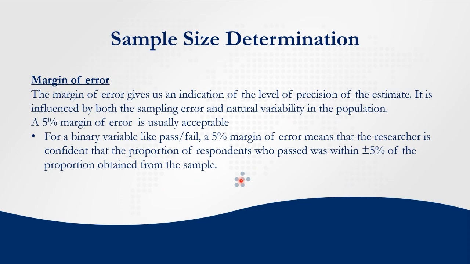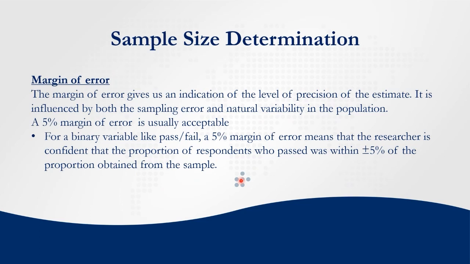And that proportion, if we're using a 5% margin of error, we are saying that we are confident that the true value of the population, meaning the proportion of those who passed, is going to be what we've estimated plus minus 5%.